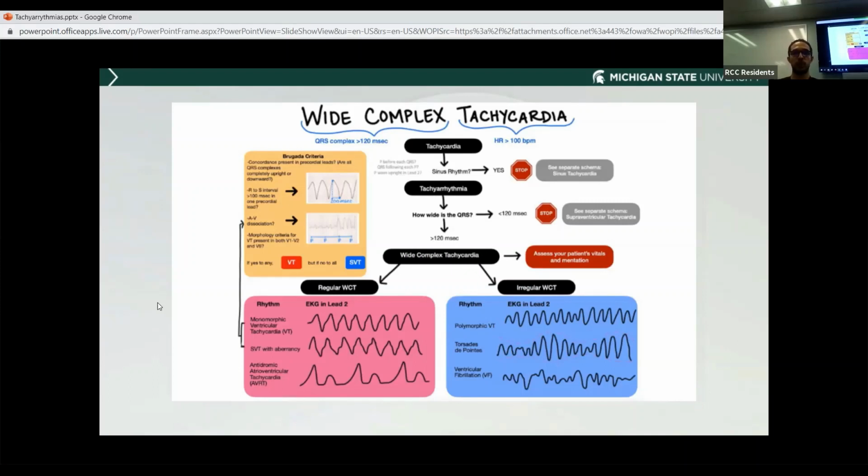But if you have a block in the right side, the left will conduct, so the initiation of the QRS will be at small square number 1, and by the time it ends, because of the right bundle branch block, there is a delay. So by the time the delay ends, you have a result of a long, wide complex.